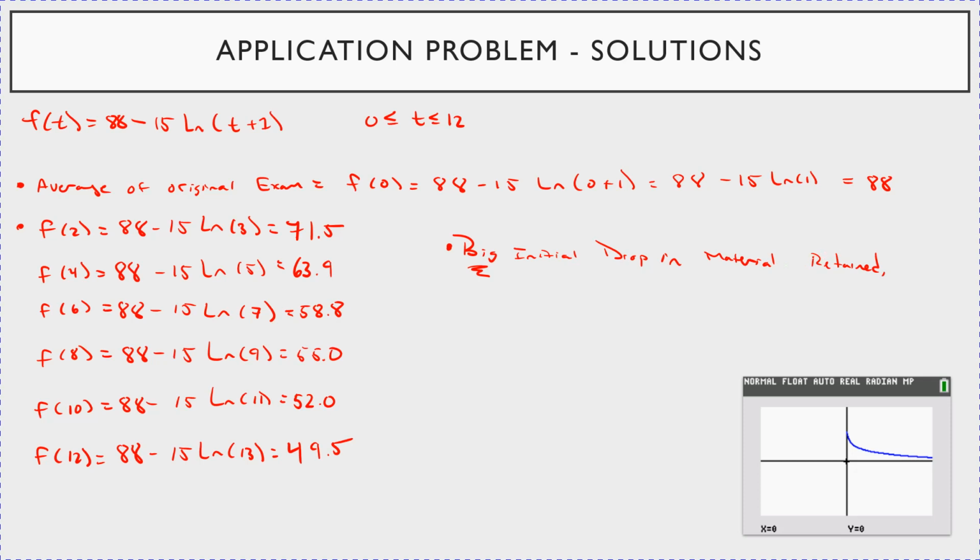Like a lot of students, even myself when I was in college, you cram, and then it's really easy to forget this stuff. But then the loss of material starts to level off. It doesn't seem like they're losing as much.